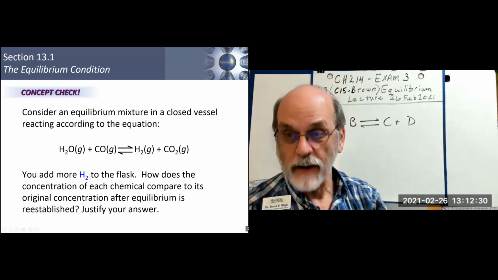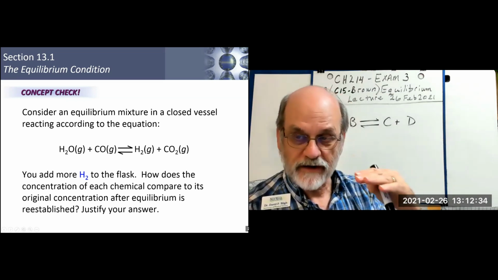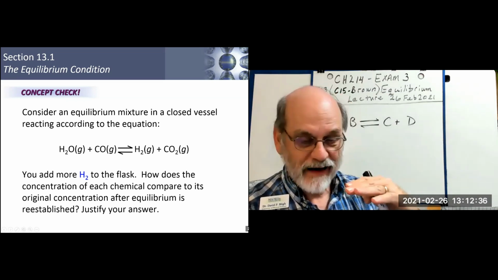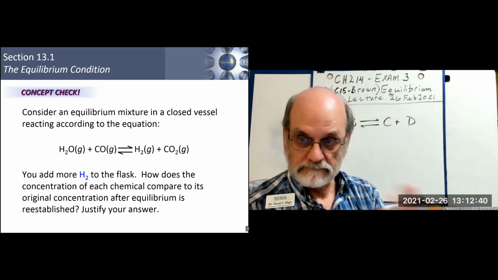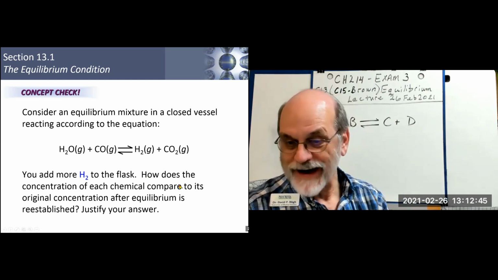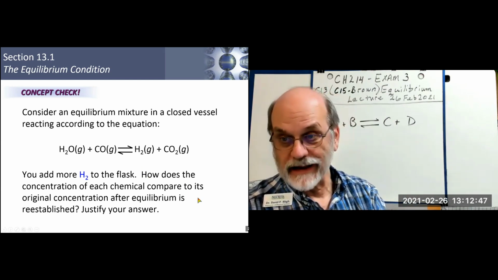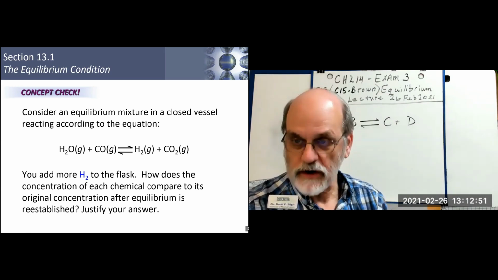So anytime you upset the balance of a system at equilibrium, if you do anything to it that upsets that balance, then it's going to respond in a way to mitigate some of that imbalance. And in fact, I just gave you Le Chatelier's principle. And that's what we're talking about here.